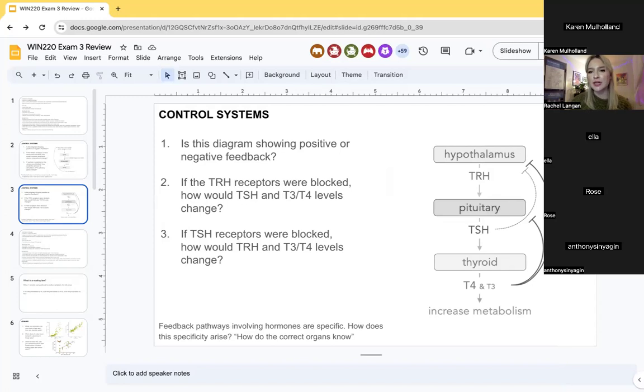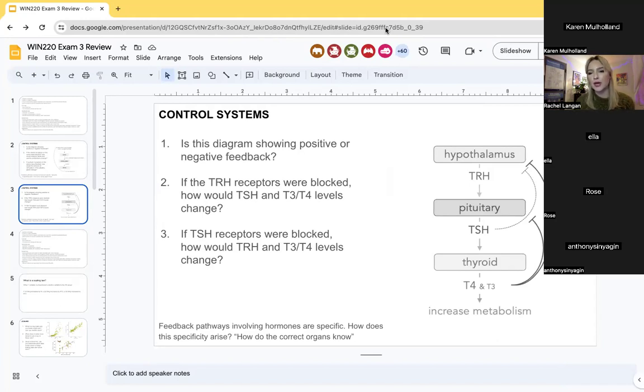Yeah, so this one you should recognize as negative feedback because there's some change, which is to increase metabolism to produce T4 and T3. And the response of this system is to decrease that change, to inhibit the process that causes increased metabolism and increased T3 and T4.